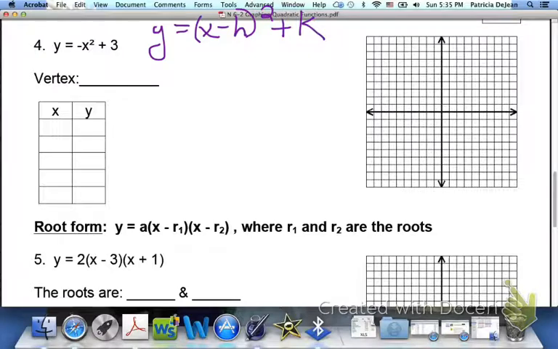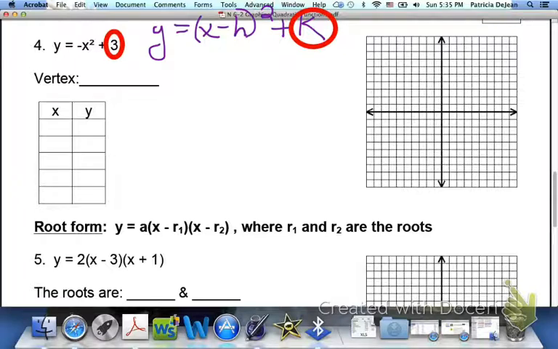Okay? So the 3, well, that didn't work out very well. Let's do it again. The 3 is the plus k. Those match. There's nothing in parentheses with the x. So what we'll do is we'll write this. That means there must be a 0 there.